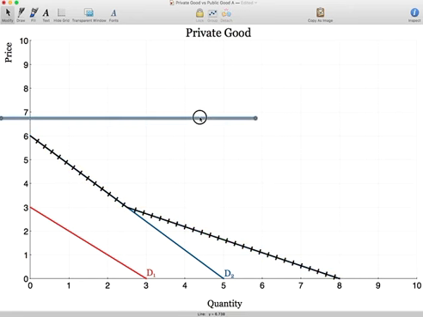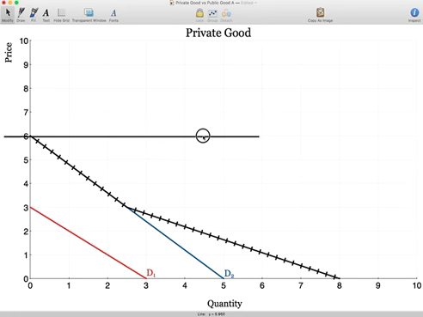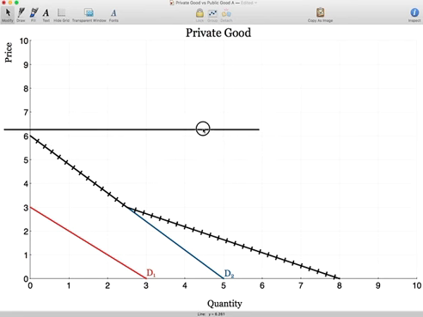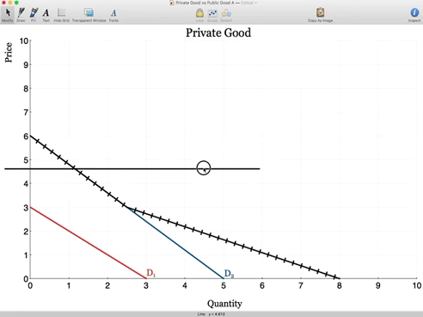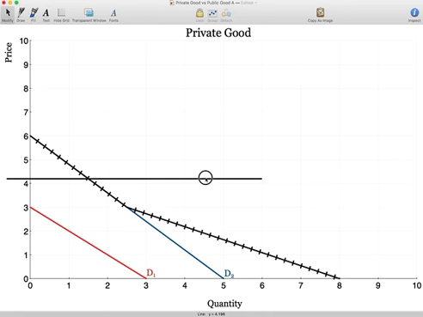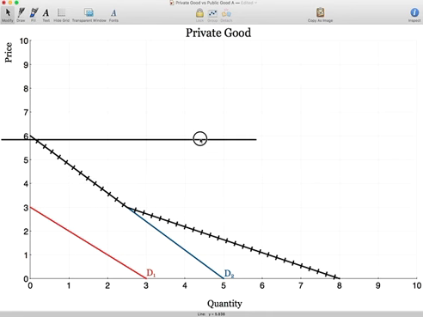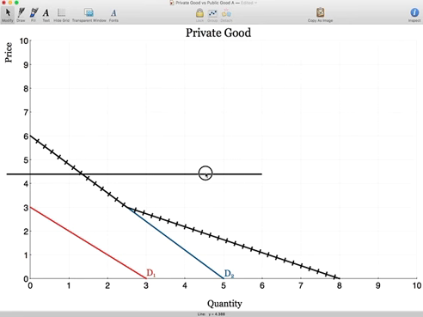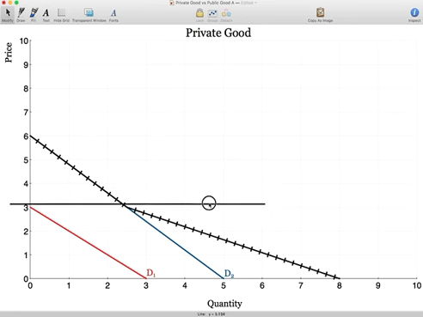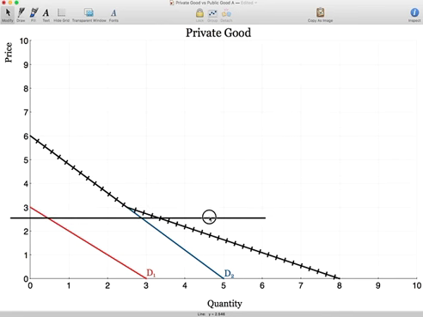What we do is we look at the prices and we add the quantities at those prices, and just realize that you can have a situation where at high enough prices, the market demand curve is going to be equivalent to the demand curve of one of the individuals. In this instance, the market demand curve is equal to D2 for prices between 3 and 6. And then once the price is below 3, we add D1 and D2 together.